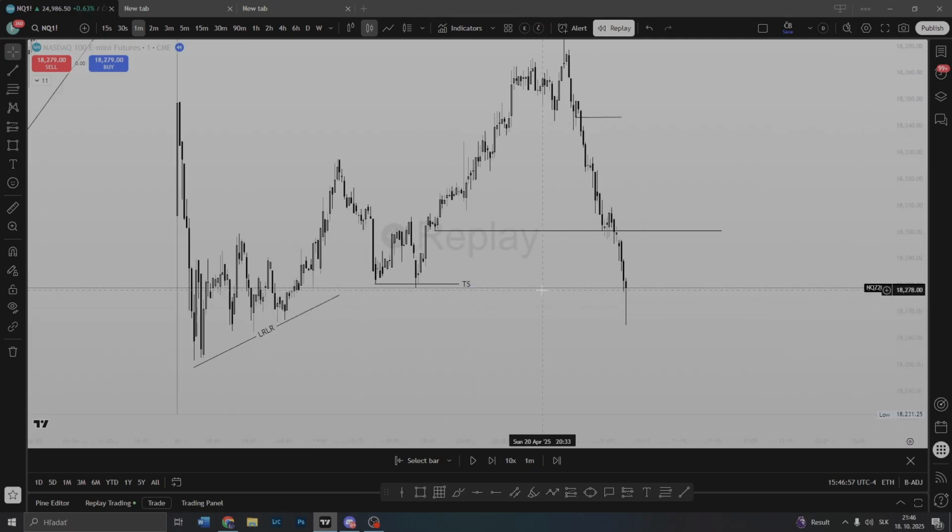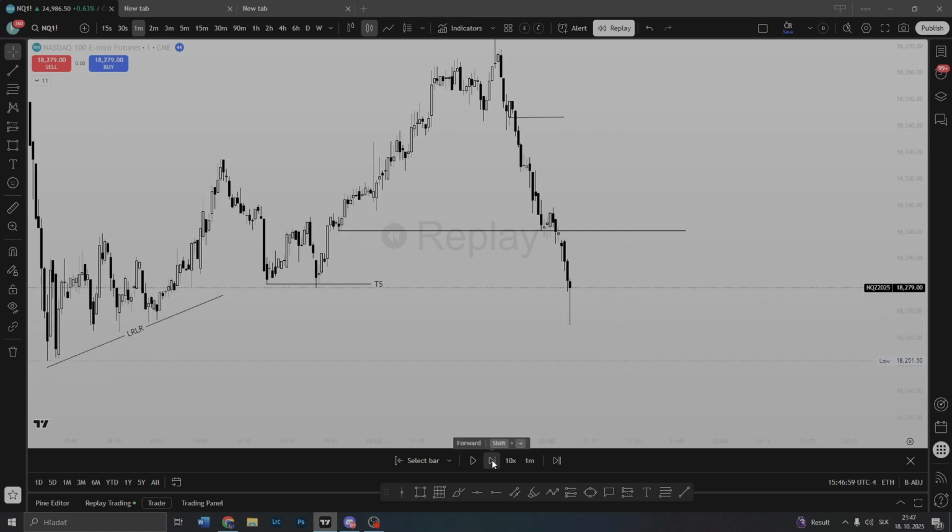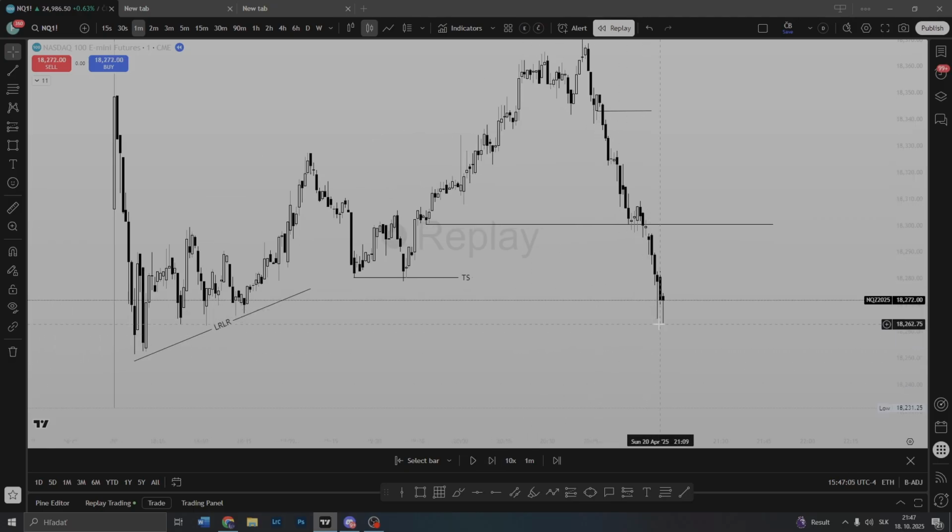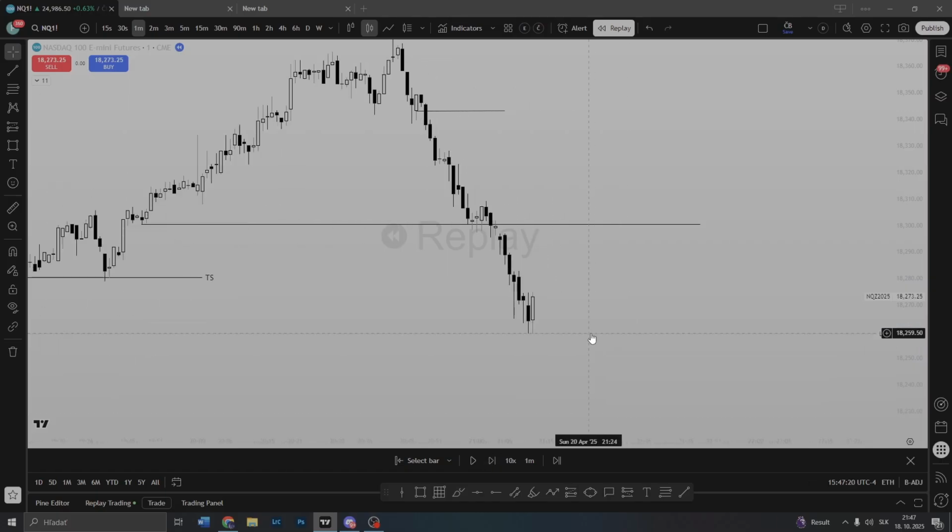So now we are taking the liquidity, we are turtle-souping the lows. Okay, taking some of this LRLR on the left. Souping the lows again, taking the lows. Okay, now we do have a stronger reaction right here.